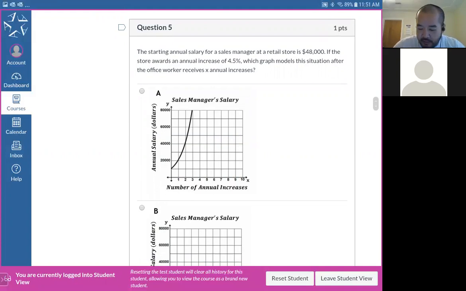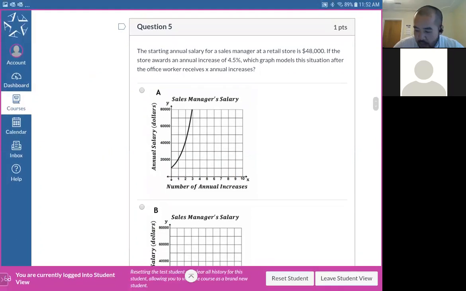For this one, the initial value is 48,000. And then the growth is 1.00 plus 0.045. And then your exponent is going to be whatever it is. Oh, actually, we don't need to do growth.